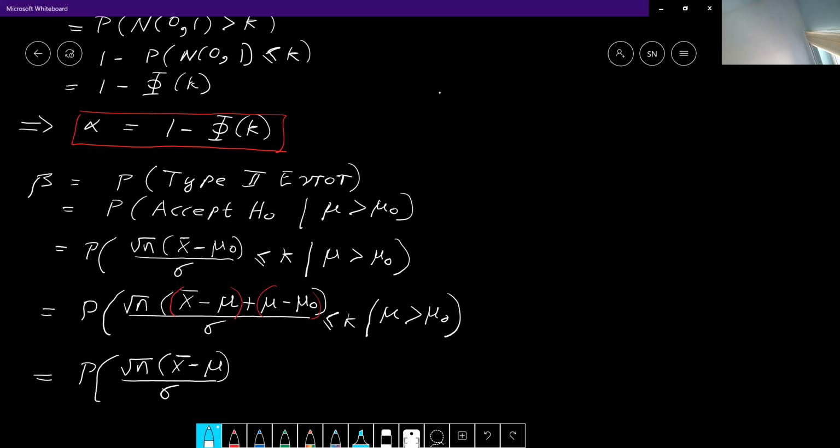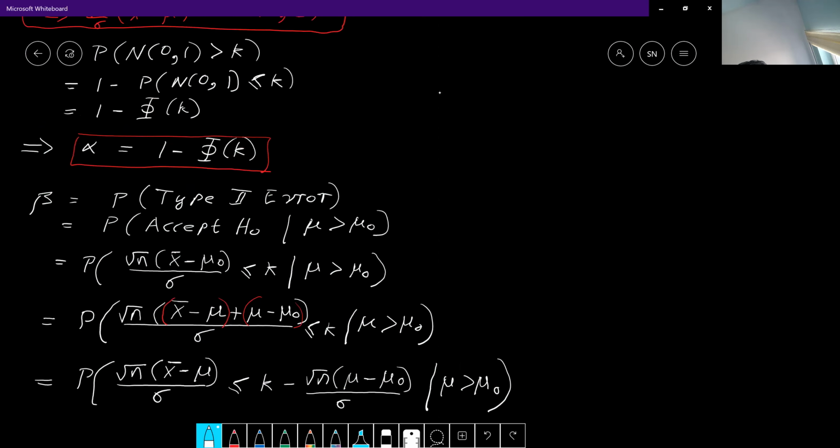The rest I'm going to take to the right hand side, so it becomes root n times mu minus mu0 divided by sigma, given mu is greater than mu0. Do you follow what I've done? I've taken the second term in brackets to the right hand side, so that's what you get.